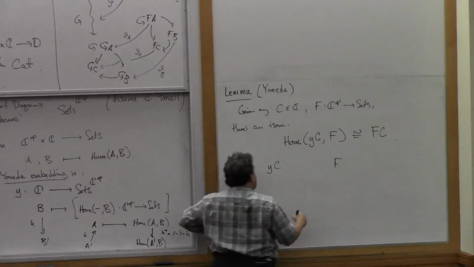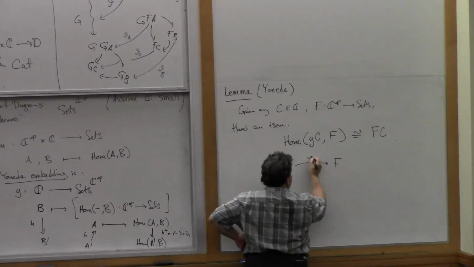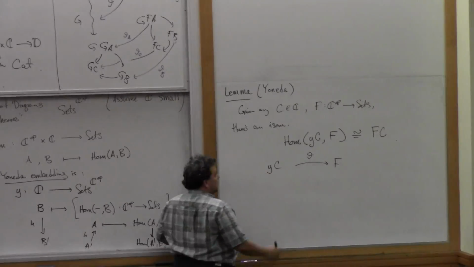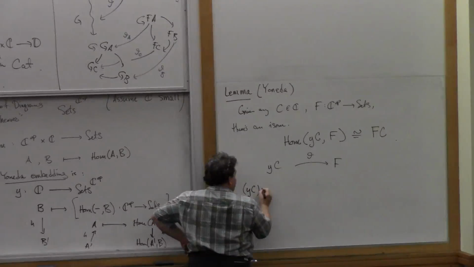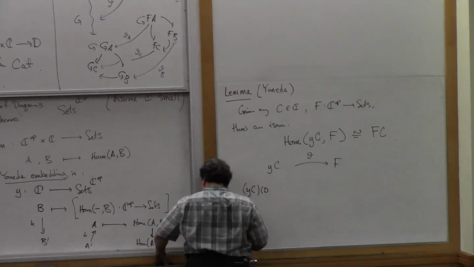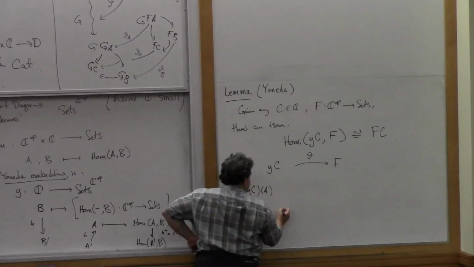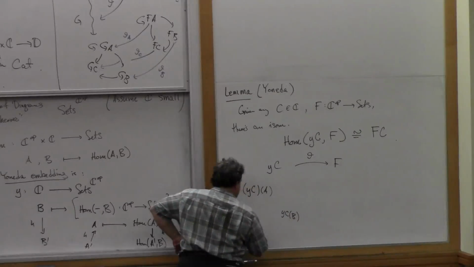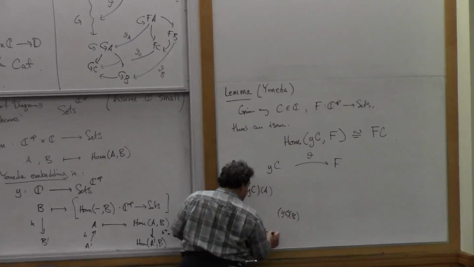So let's suppose I have this natural transformation theta going from yC over to F. In particular, it has values yC at A, yC at B, yC at C, and so on.